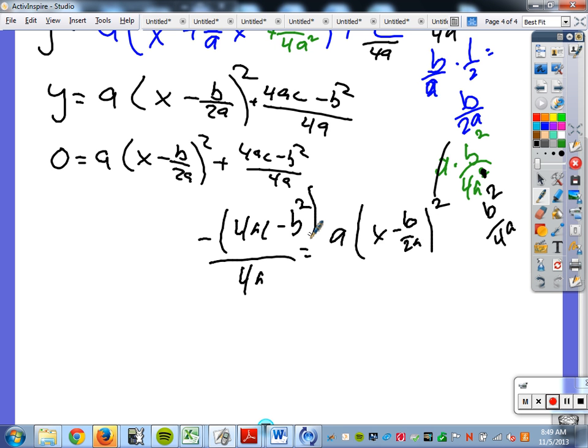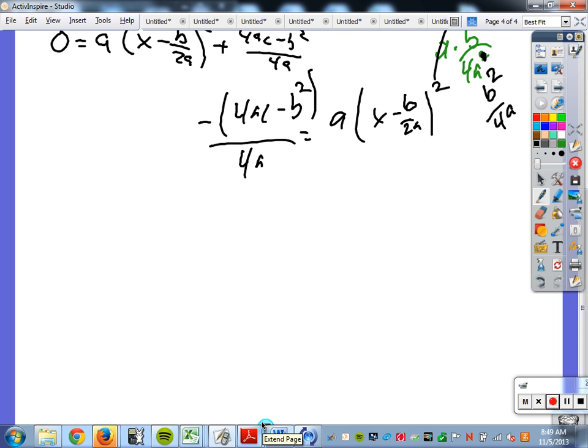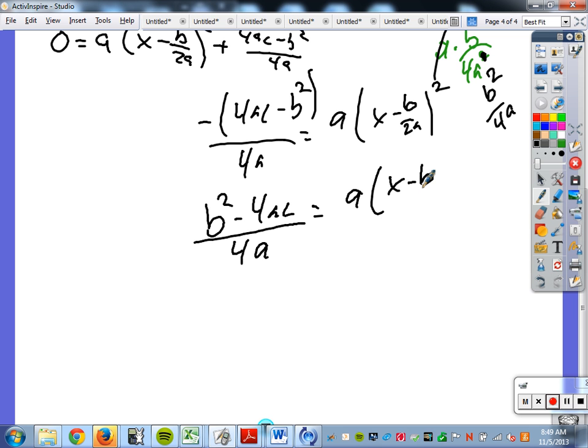Now I have to distribute that negative through. So that becomes negative 4ac plus b squared, or b squared minus 4ac, all over 4a equals a times (x minus b over 2a) quantity squared.